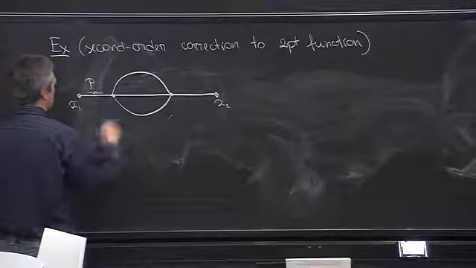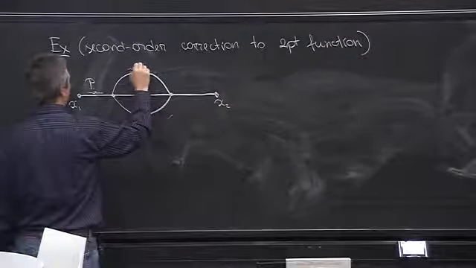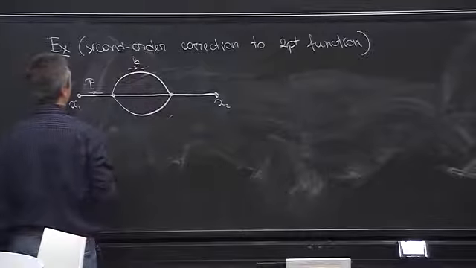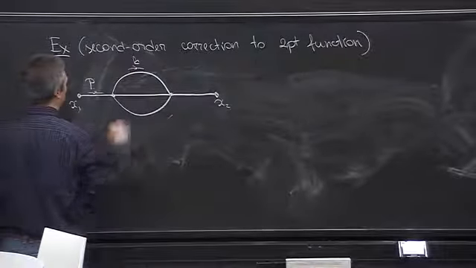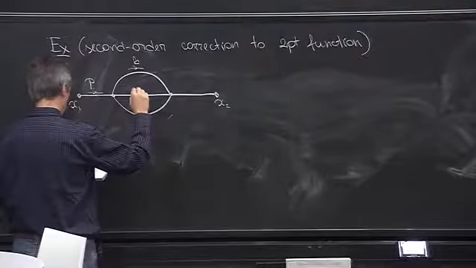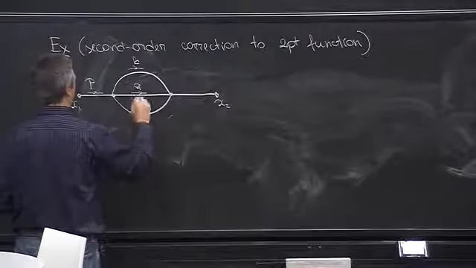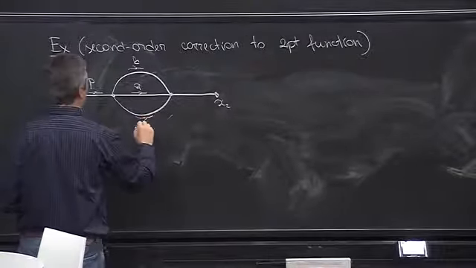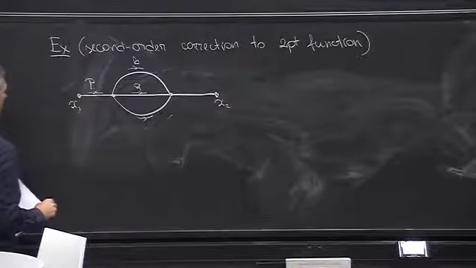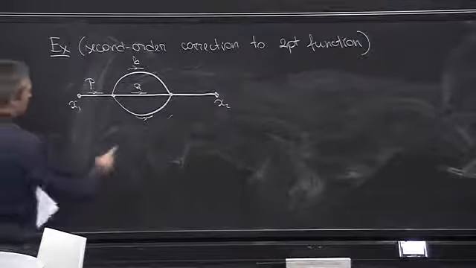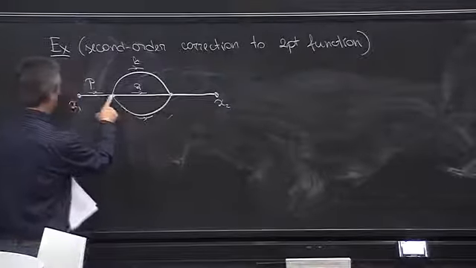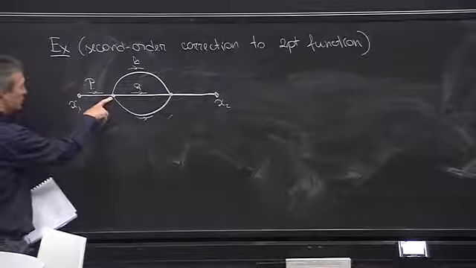Let's say this momentum is K, this momentum is Q, and this momentum we know, because there is conservation of momentum in this vertex.